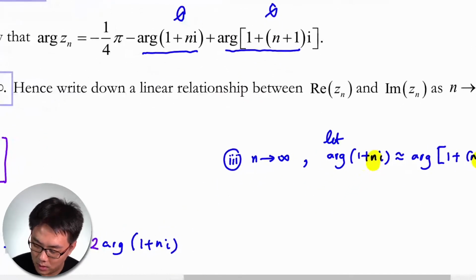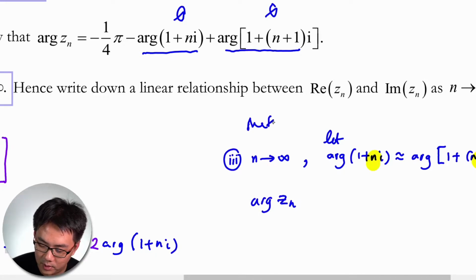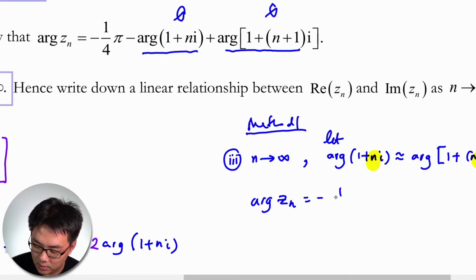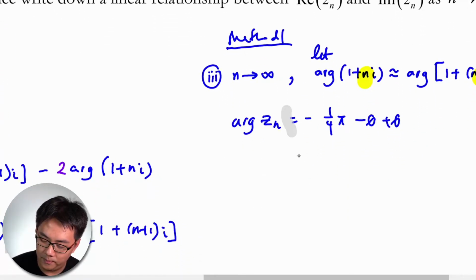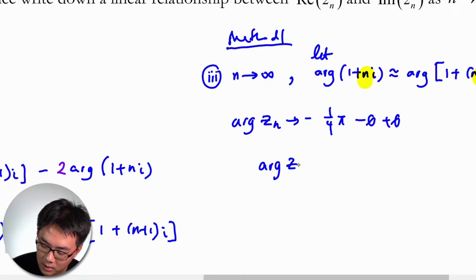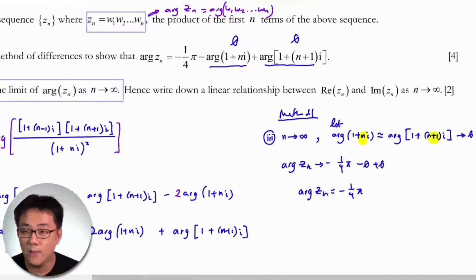So argument Zn, this is method 1, will be minus 1 over 4 pi minus theta plus theta, which is actually argument Zn equals negative 1 over 4 pi. Okay, so this is method 1.